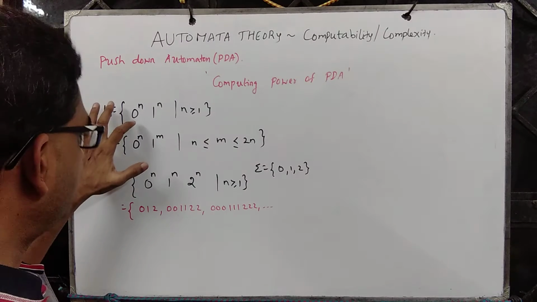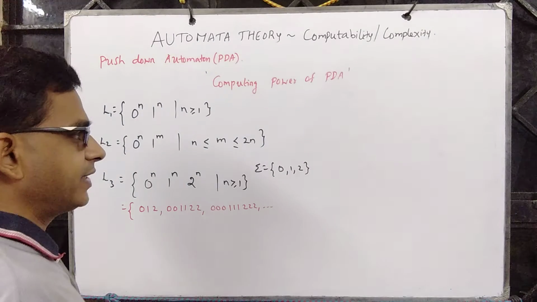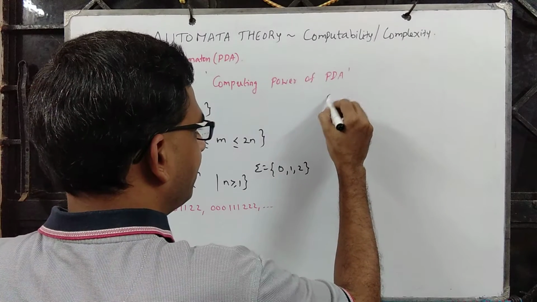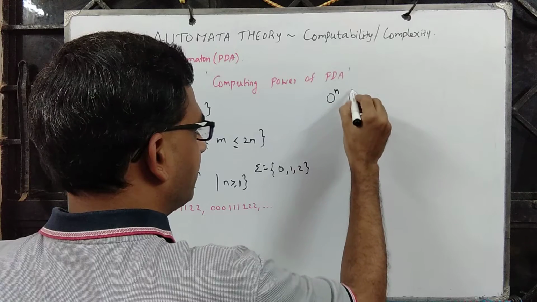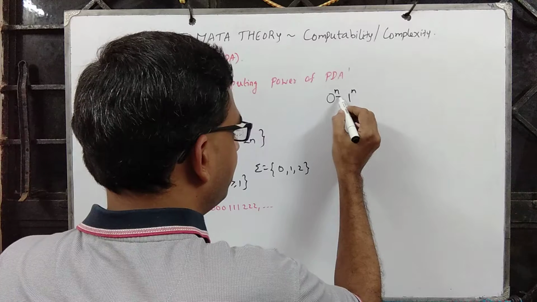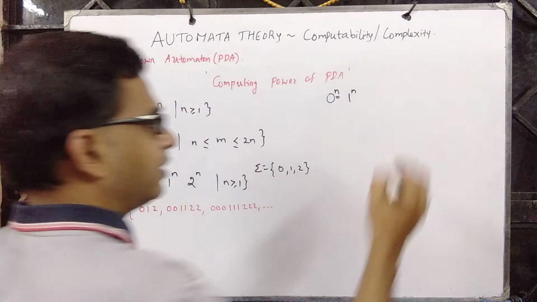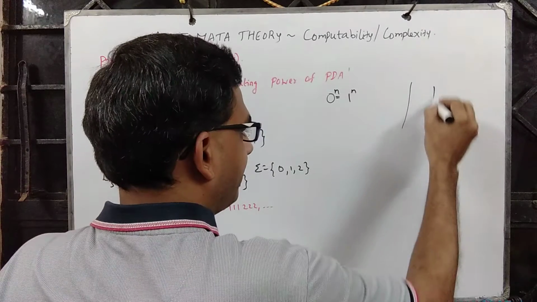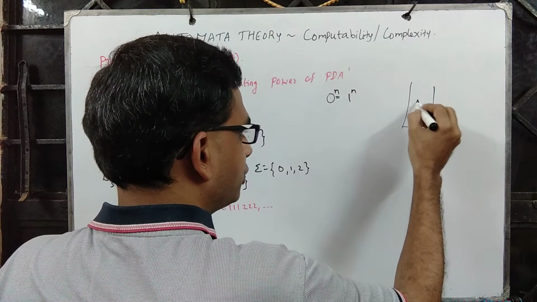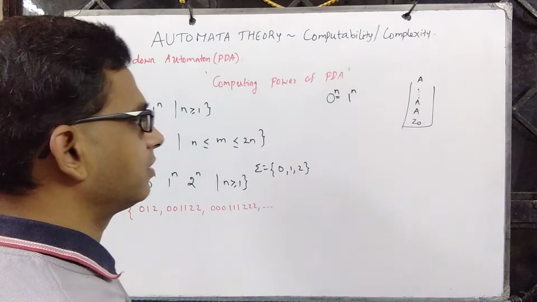Let's introspect this and try getting some useful insights out of it. Remember, when we were designing 0 power n, 1 power n, we wanted to somehow remember the number of zeros. To keep track of that, we started pushing some letter, say A, onto the stack.